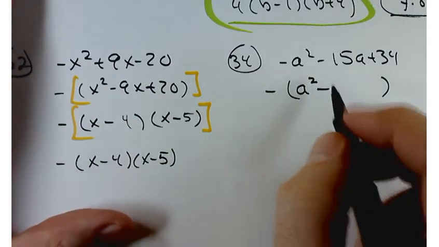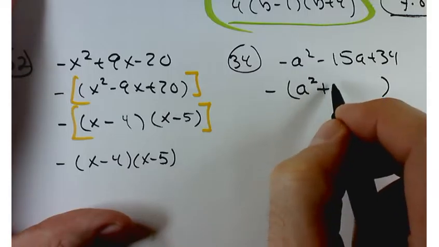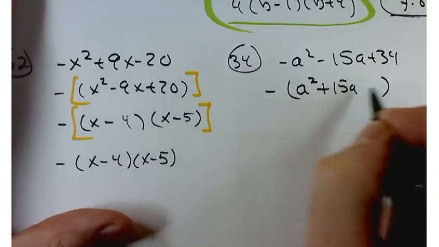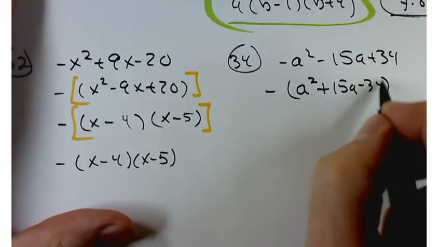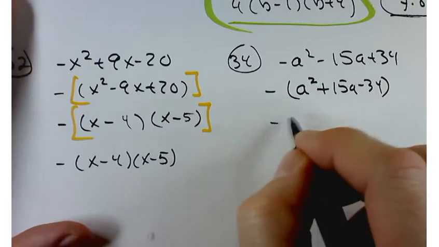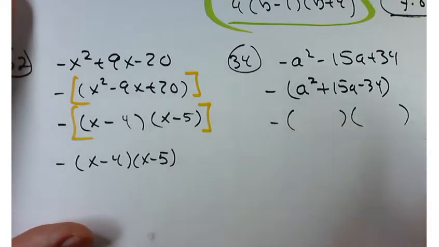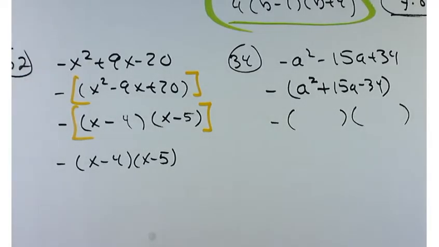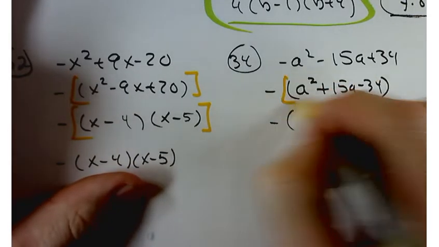So a squared plus 15a and minus 34. We're going to factor what's on the inside now. So just worrying about this part here.